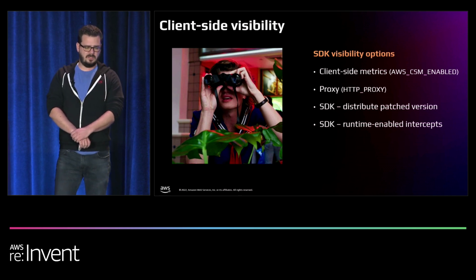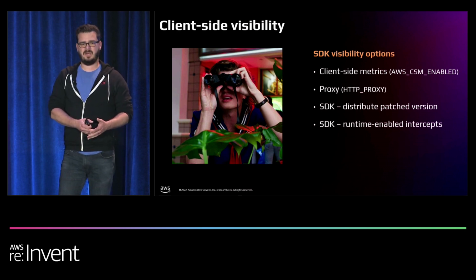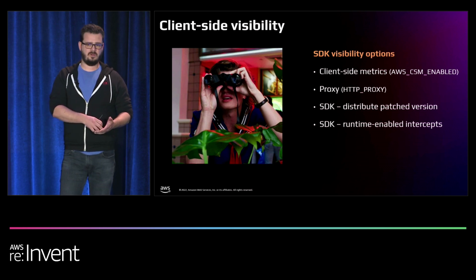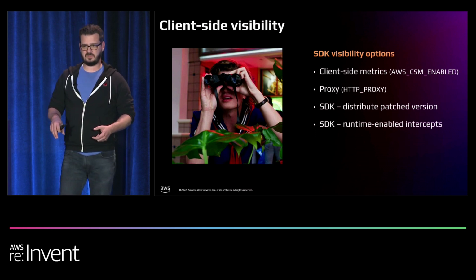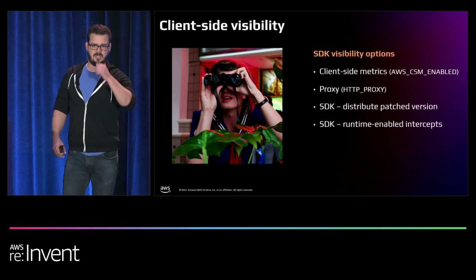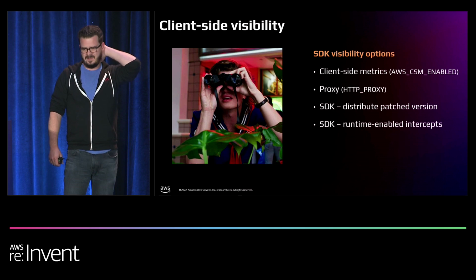The two that looked a lot more appealing were to, as a cloud security team, update the SDK. Take the SDK as available upstream, modify it with our own code, put it on our internal repositories so that as applications came up and pulled down their AWS SDK dependencies, instead of getting the upstream, they got our customized version.